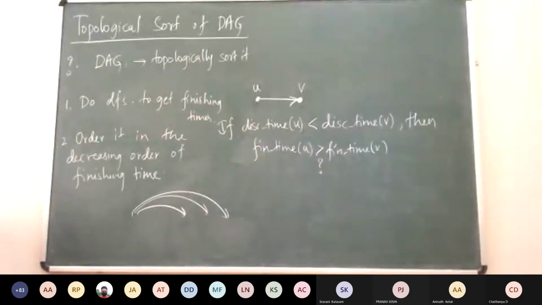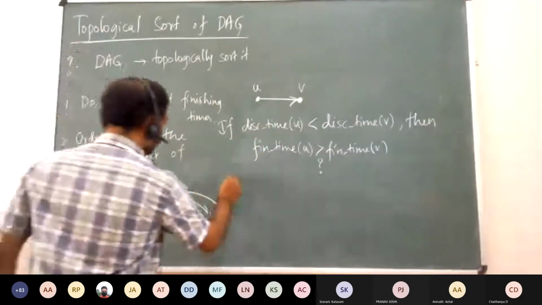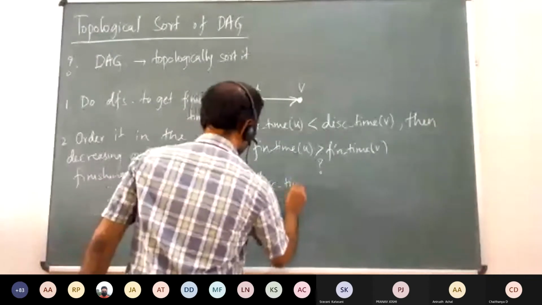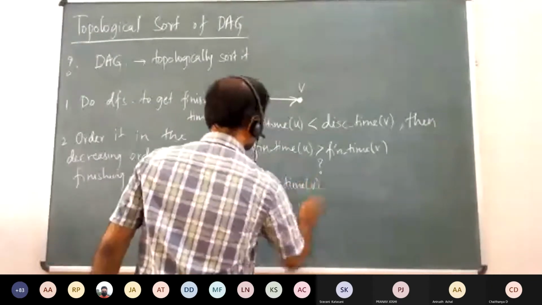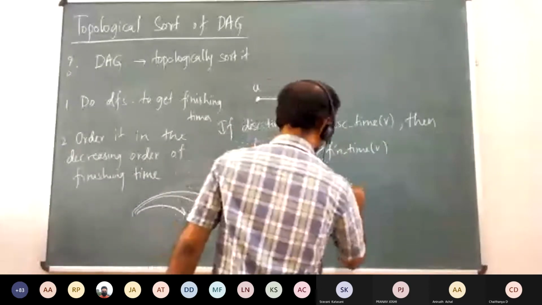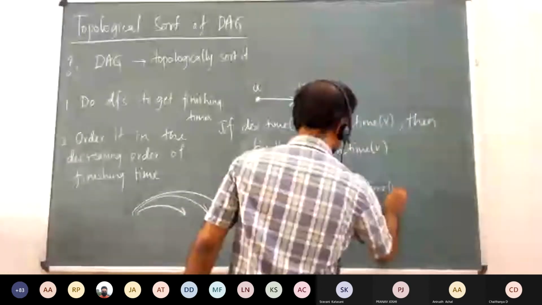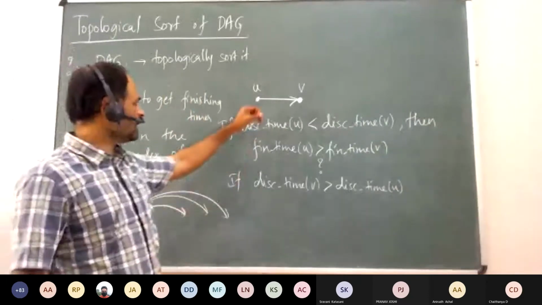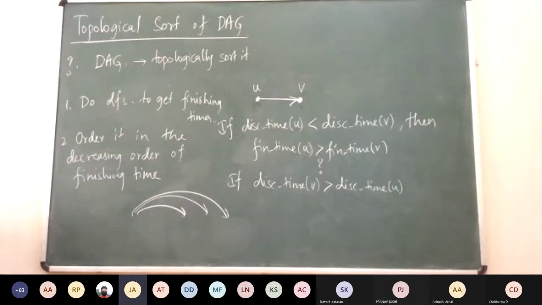But the other way around, if the discovery time of V was less than the discovery time of U, then will the finishing time be lesser? Vice versa, right? In that case, there can be a cycle in the graph.